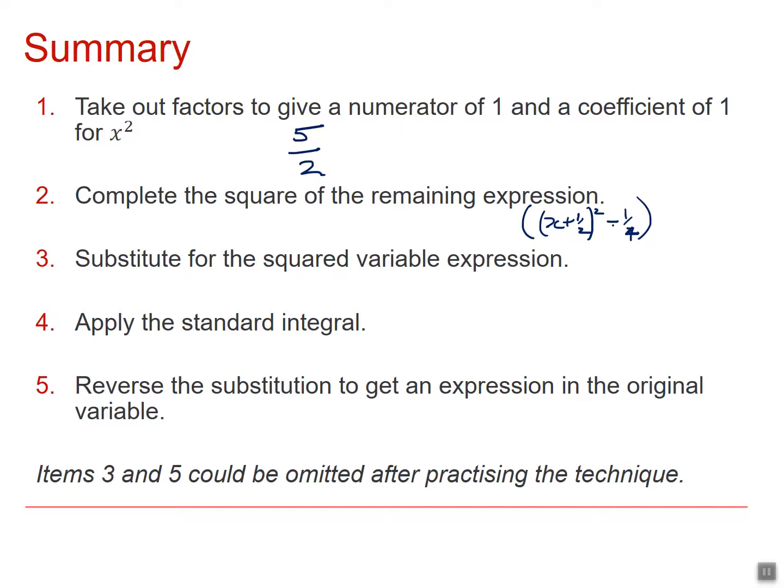So we used that. We then did do a substitution. We substituted u equals x plus a half, the thing that appears inside the square here. We used the standard integral, which was arc tan. And then we reversed the substitution to get an expression back in the original variable.